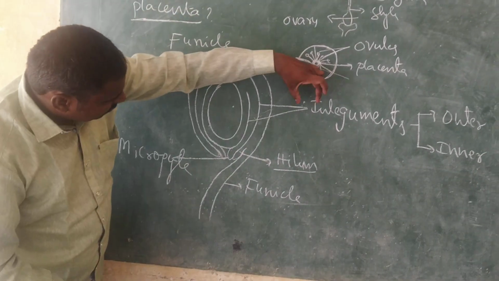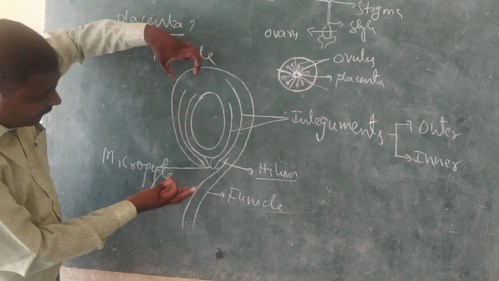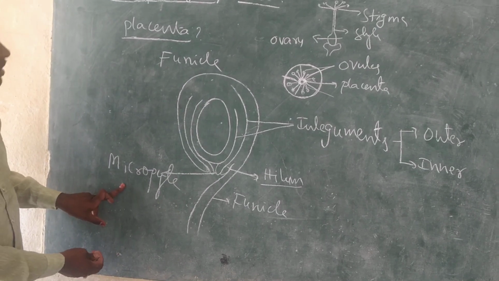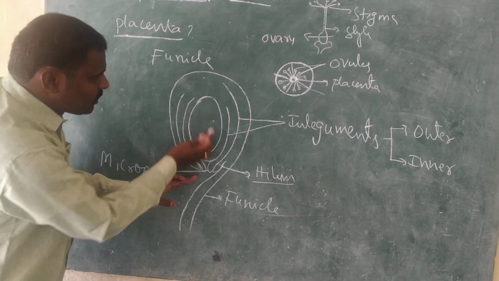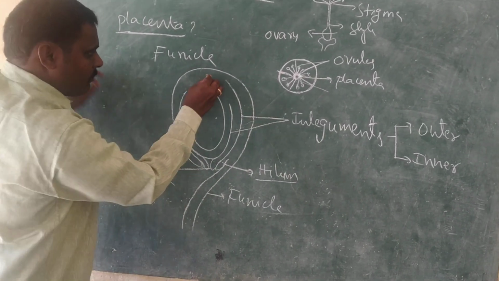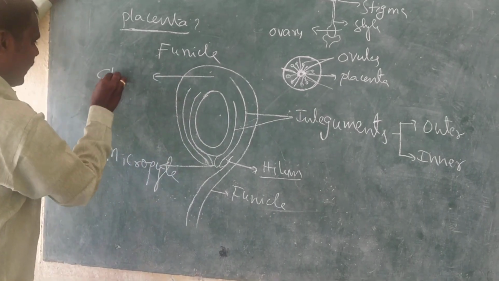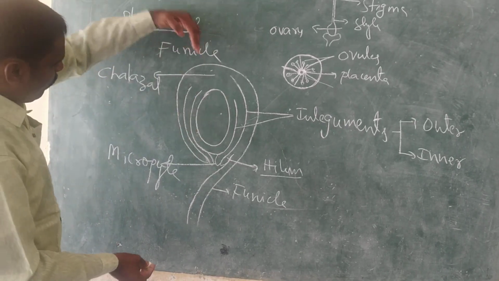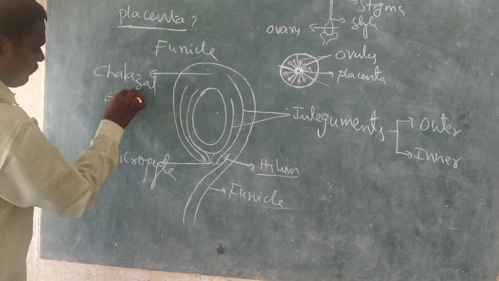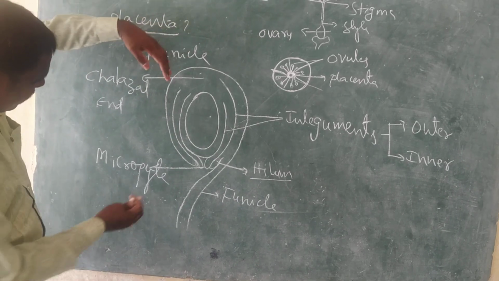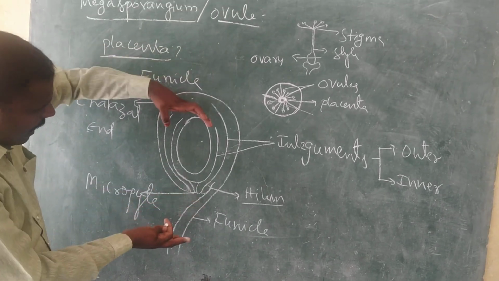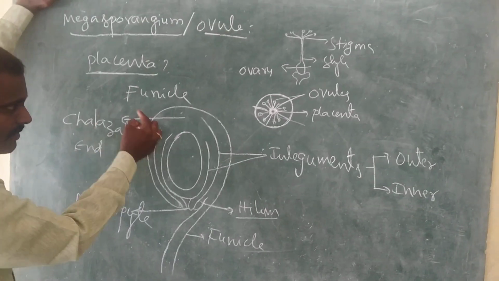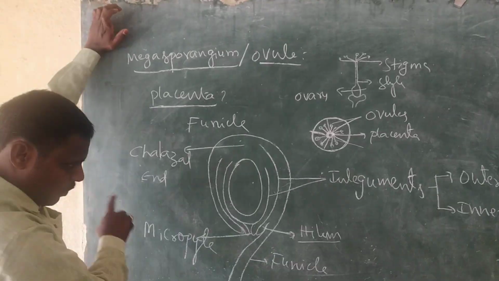Opposite to this micropyle is called chalazal end. But this chalazal end is considered as the basal part of the ovule.